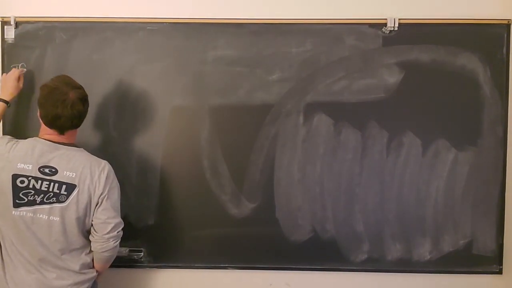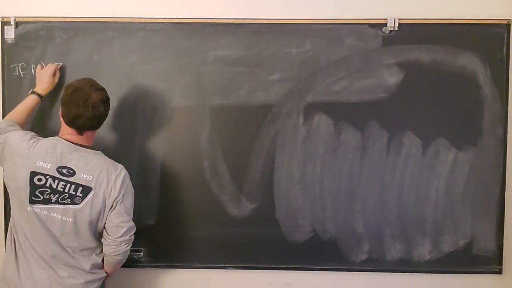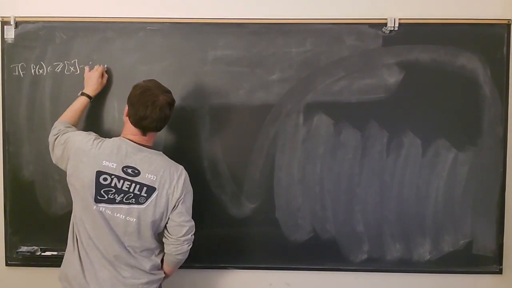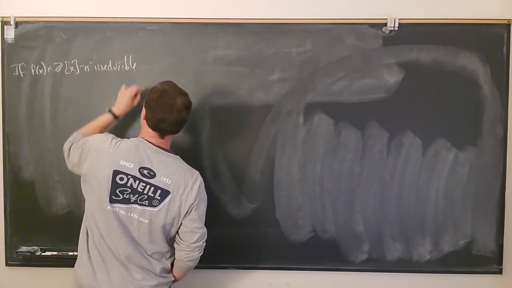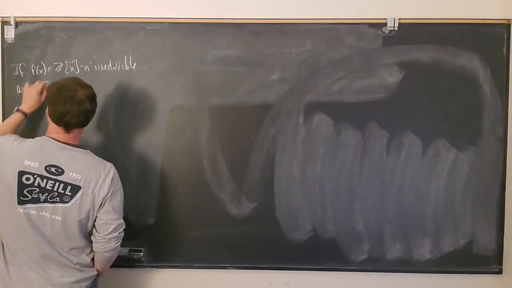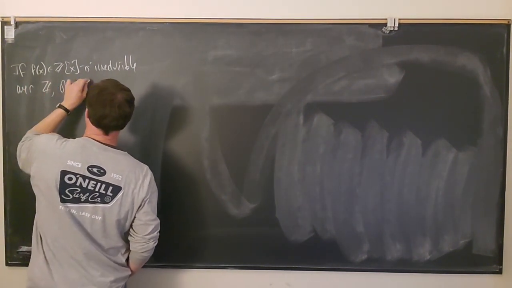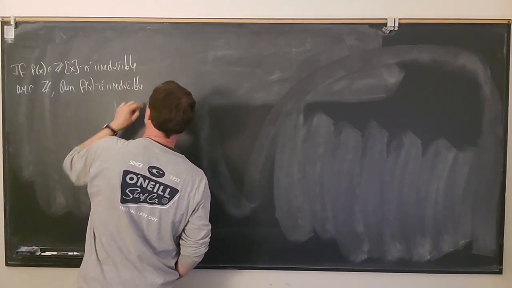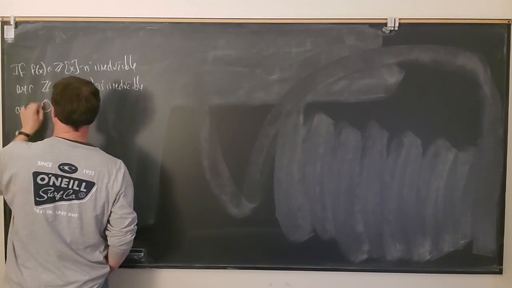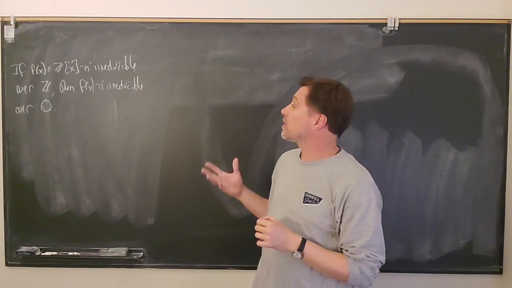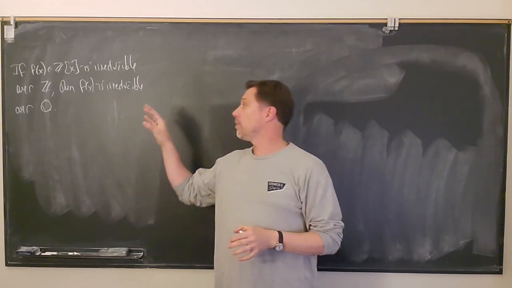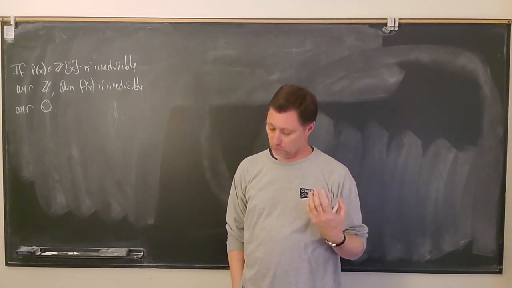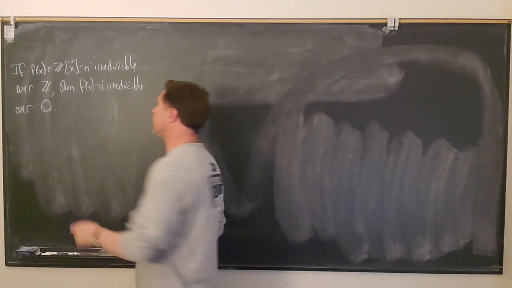If we take a polynomial with coefficients in Z, and this polynomial is irreducible over Z, then the polynomial is irreducible over Q. That reduces the question of studying polynomials with rational coefficients to coefficients over the integers. So there's the first of our important results.